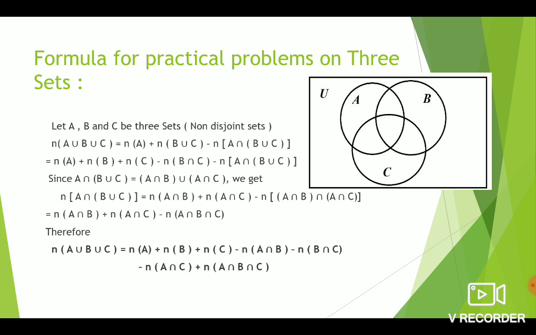You can see the image of these three sets using the Venn diagram given, and this is the derivation of three sets, and we get number of elements in A union B union C is equal to number of elements in A plus number of elements in B plus number of elements in C minus number of elements in A intersection B minus number of elements in B intersection C minus number of elements in A intersection C plus number of elements in A intersection B intersection C. This formula is used to calculate the things of three sets.